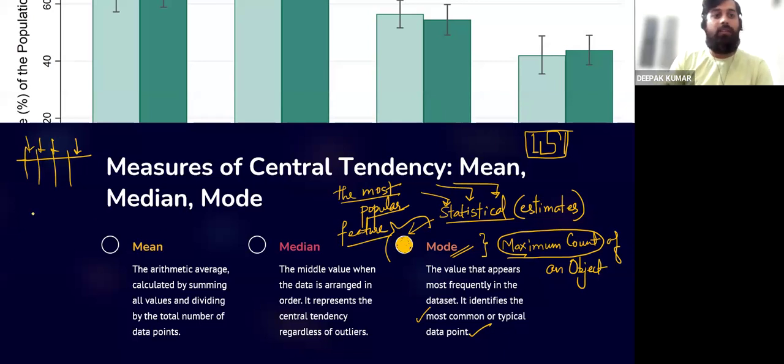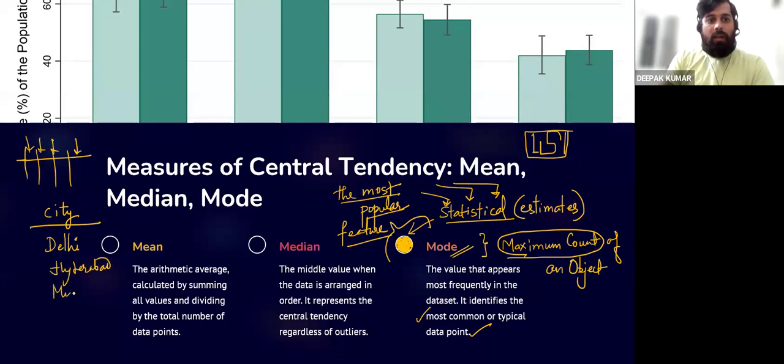Say I give you an instance: you have a feature, say city, where inside the city you have certain values. Somewhere you find Delhi, I'm talking about India right now because I reside in India, so I remember it. Delhi, we have Hyderabad, then we again have Mumbai, but again you find Hyderabad, again you have Chennai, again you have Hyderabad.